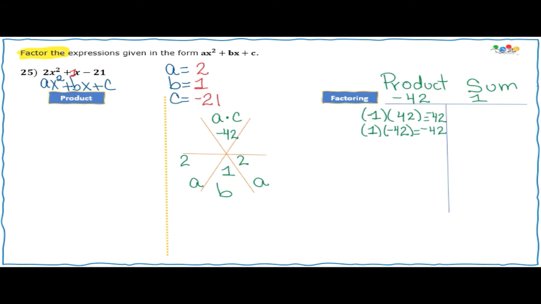Then I'm going to go on to 2, right? So 2 times who gives me negative 42? So I'm going to say negative 2 times 21. And I get a negative 42, right? Then I'm going to multiply 2 times, I'm going to change now the 21 to a negative 21, which gives me a negative 42. And we're going to continue.